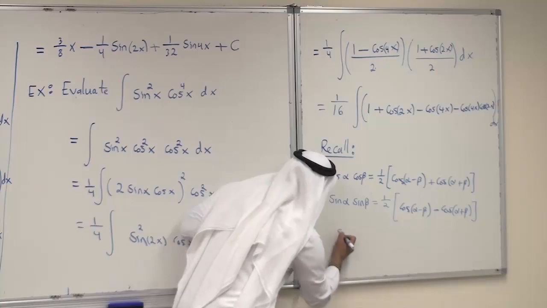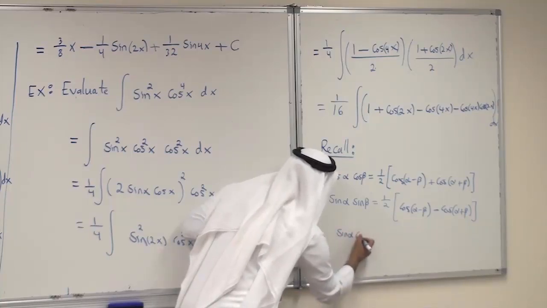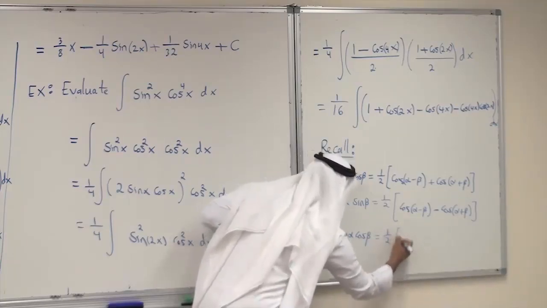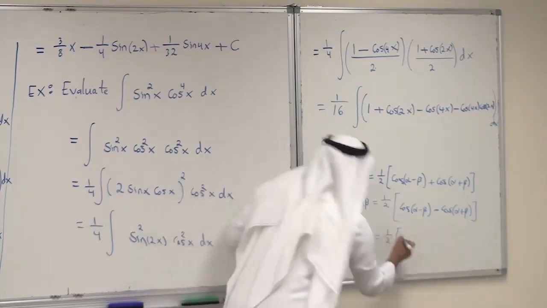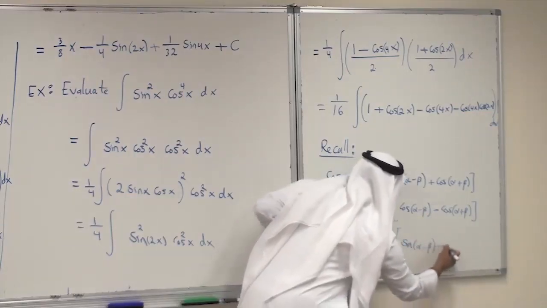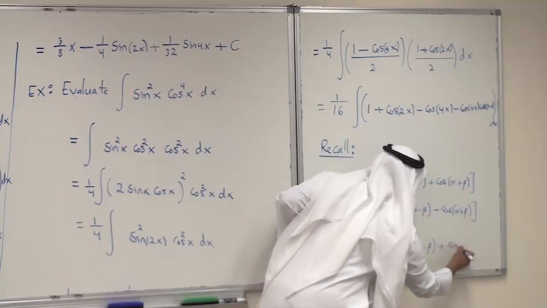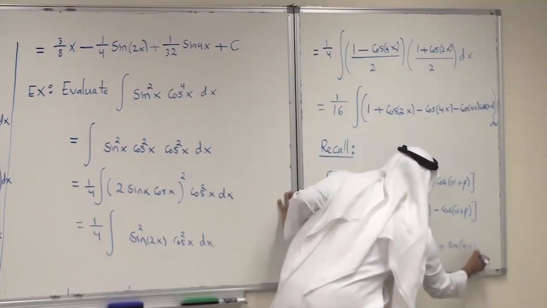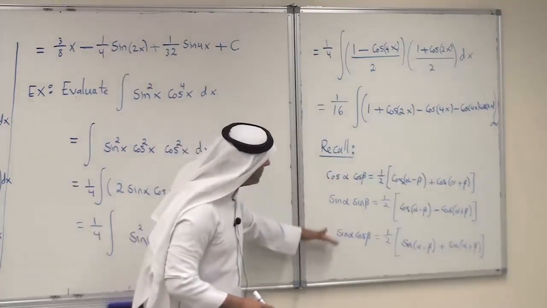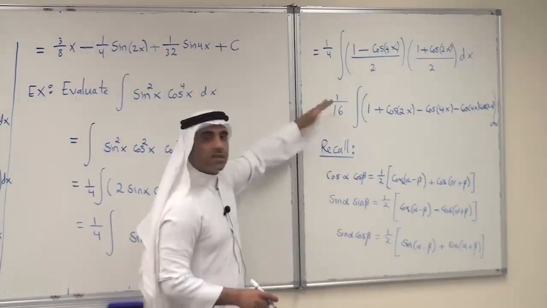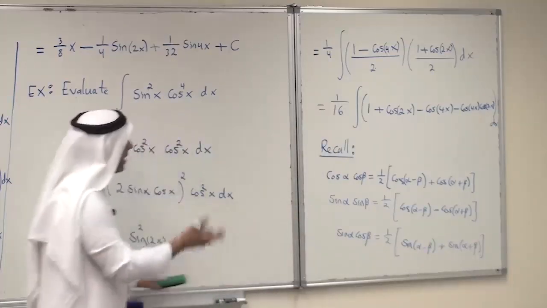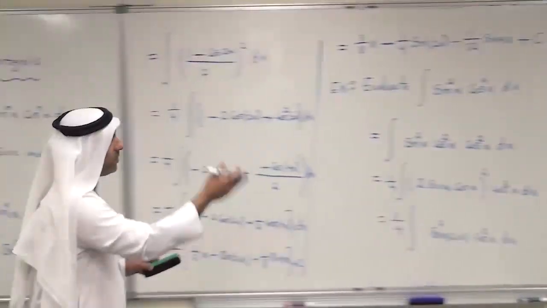If we have sine alpha, cosine of beta, then this is equal to 1/2 times sine of alpha minus beta, plus sine of alpha plus beta. Always these 3 identities are important to solve these kinds of integrals where we have a combination of cosines, sines, sine, cosine. So you can use these identities.